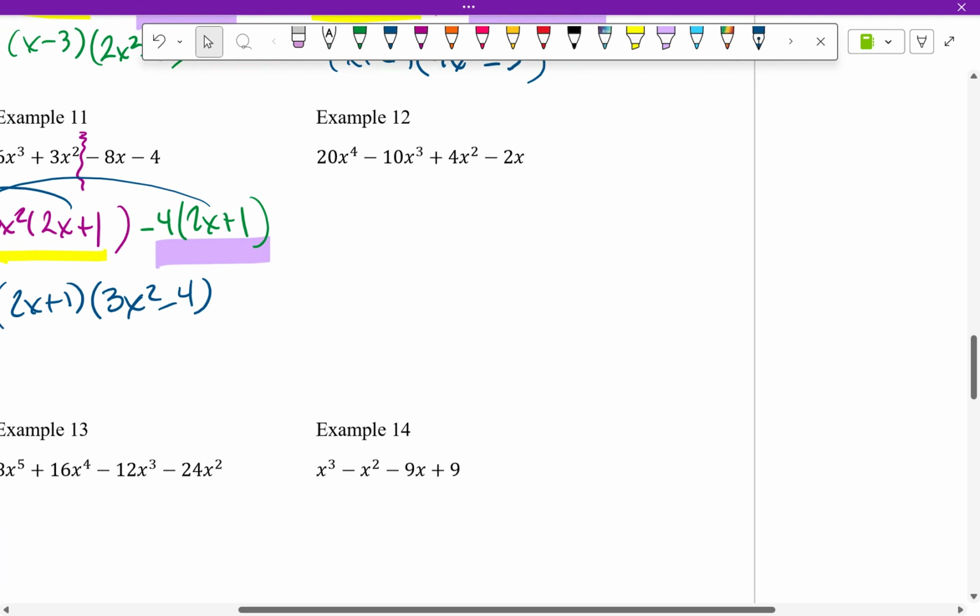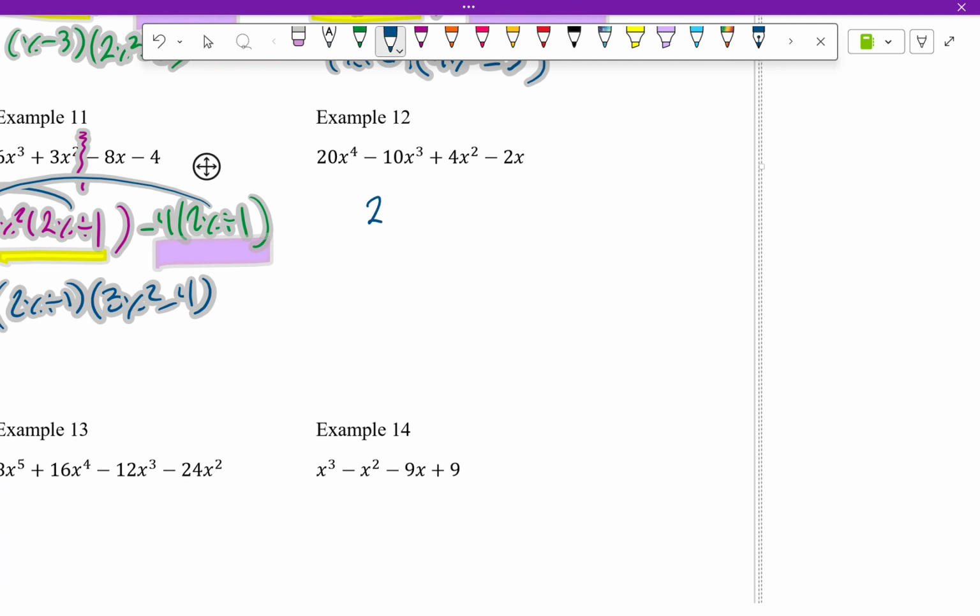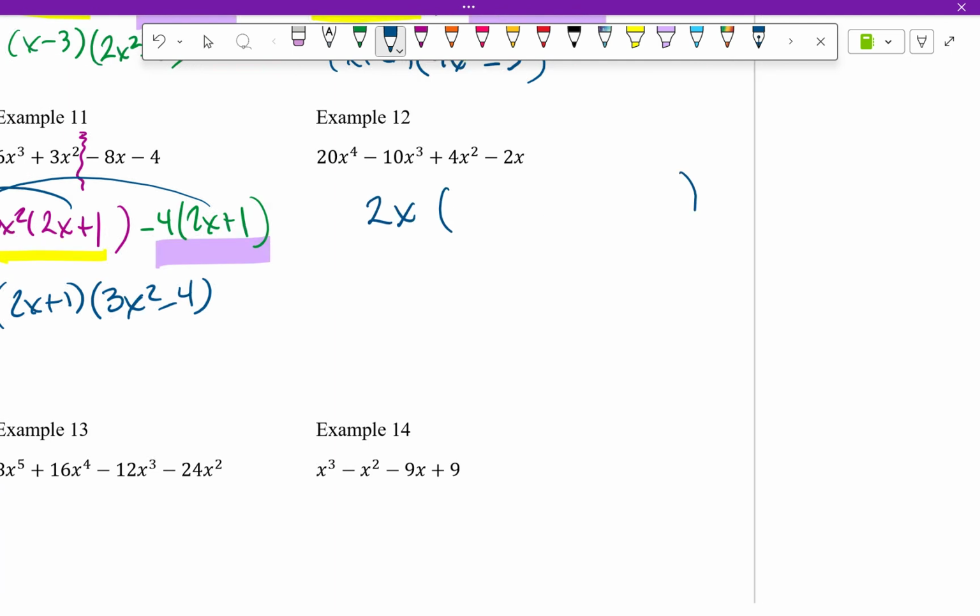Okay. All right. What's the first thing I look for anytime I factor? GCF. Do I have a greatest common factor this time? Ooh, I could pull a 2x out. Okay, so I'm going to pull out a 2x. All right. What times 2x is 20x to the 4th? It would just be 2x because I only have an x in the back.